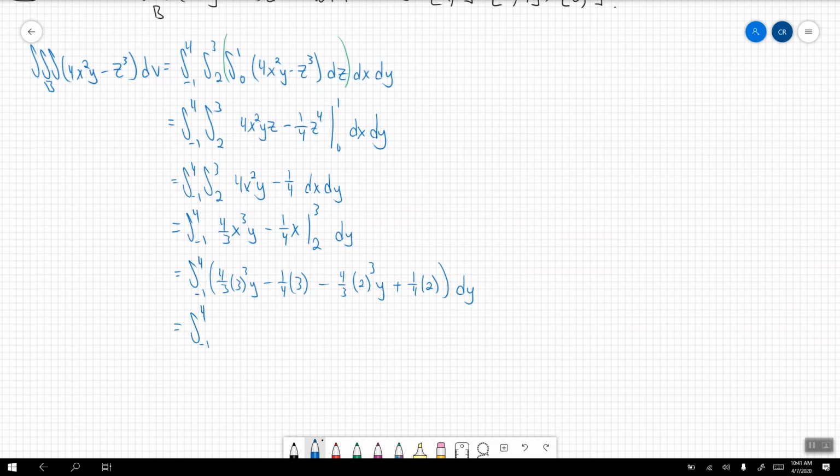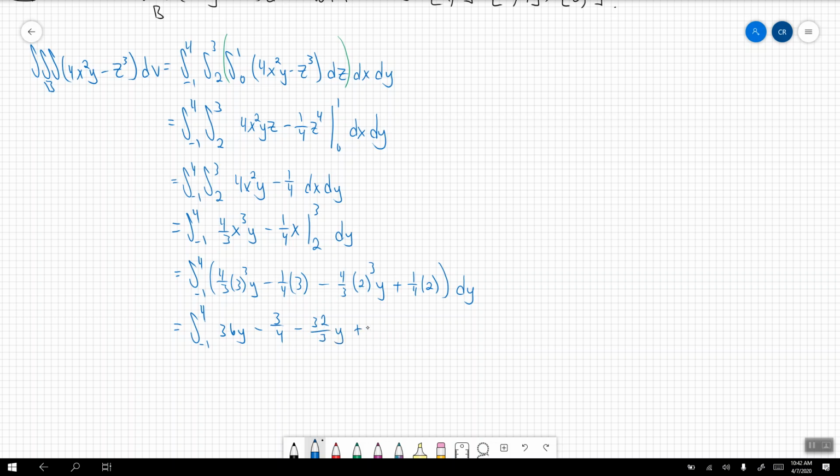So it's going to be from -1 to 4. The first term, that's going to be 3 cubed, so that's 9 times 4, so that should be 36y minus 3/4. This one here, that's 2 cubed. 2 cubed is going to be 8, so that's 8 times 4, that's 32, so that's 32 divided by 3, and that's a y.